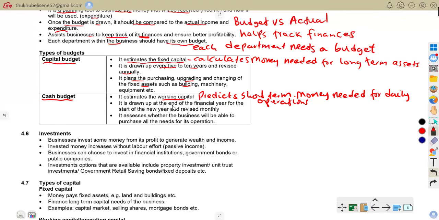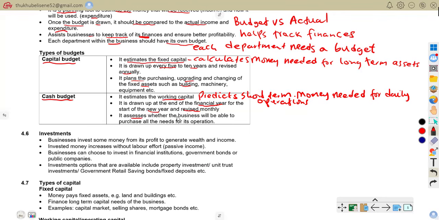It is drawn up at the end of the financial year for the start of the new year and revised monthly. So it is updated often to match cash inflows and outflows. For example, a store updates its January cash budget in February.